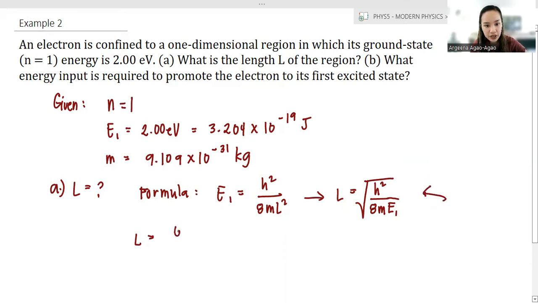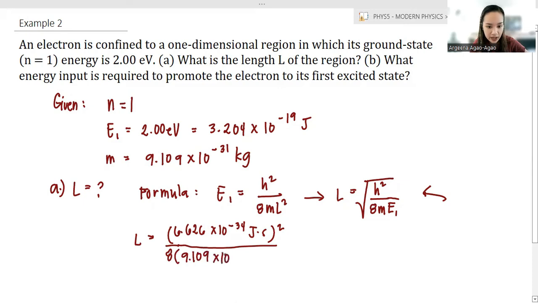So our h is 6.626 times 10 raised to negative 34 joule-seconds. This is squared, divided by 8 times our mass, that is 9.109 times 10 raised to negative 31 kilograms, and our energy, or our E sub 1, that is 3.204 times 10 raised to negative 19 joules.